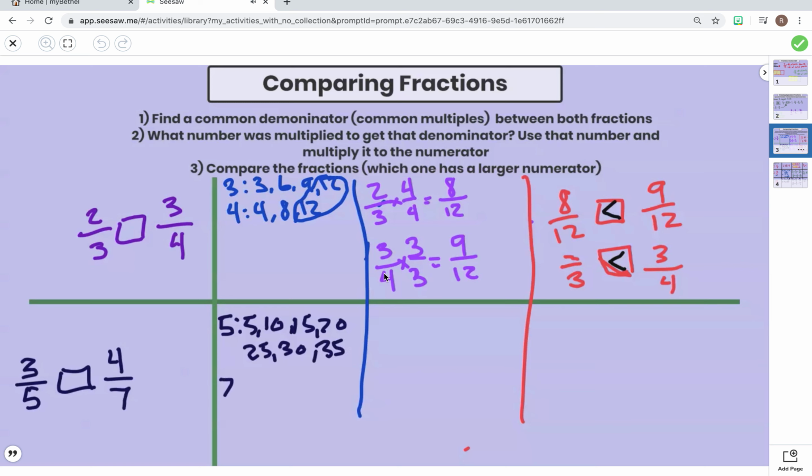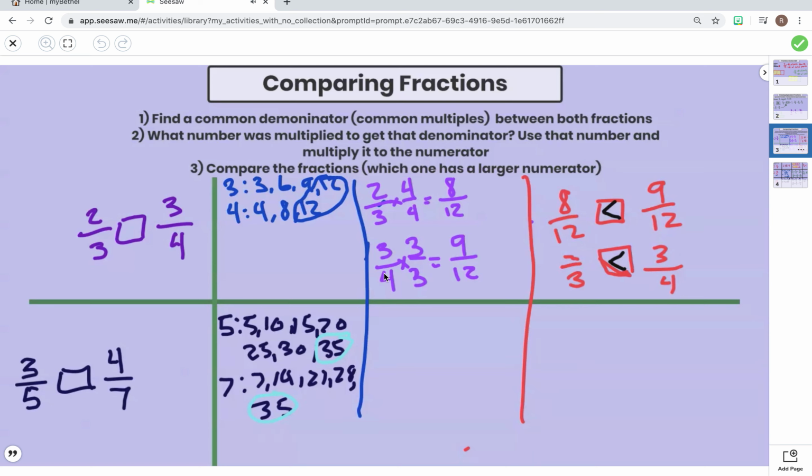And then multiples of 7: 7, 14, 21, 28, 35. So I have a common multiple of 35, so my common denominator will be 35.